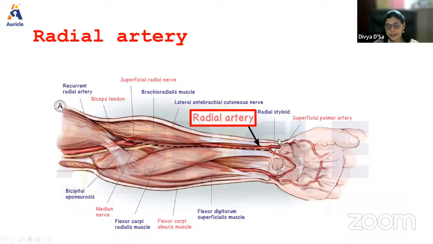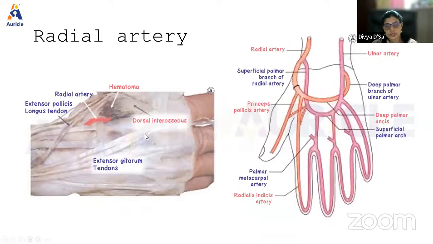Then it winds around the wrist joint and goes posteriorly into the dorsum of the hand, passing through the anatomical snuff box. Then it enters the palm again by passing between the bases of the first and second metacarpals and between the first and second dorsal interosseous muscles.